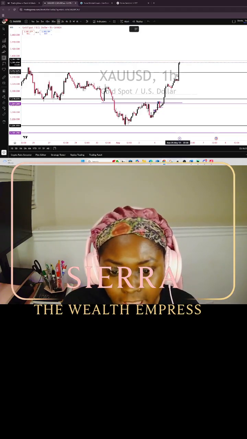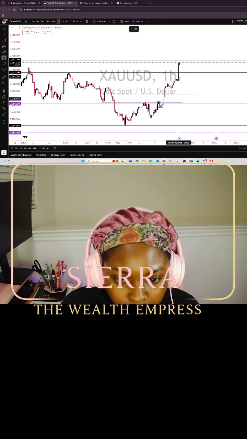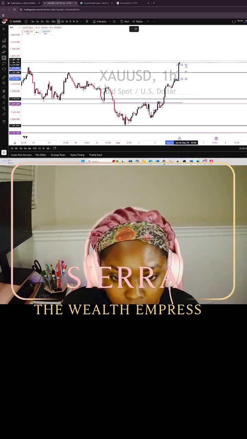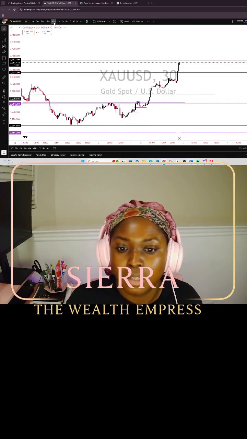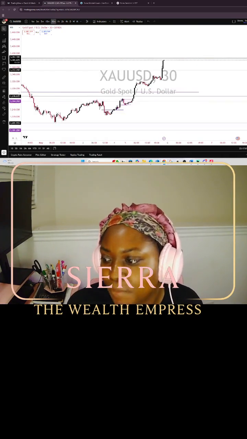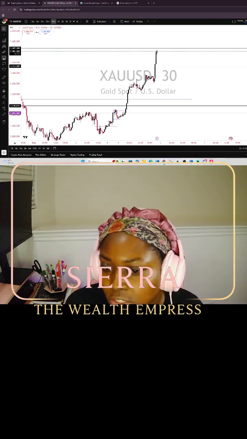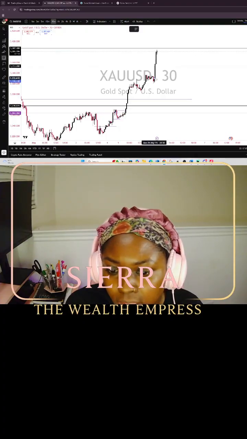But this hourly candle has to close in order for you to have a gap right here. But actually, we can come down to the lower time frame. So now you have two gaps that you can play off of, right?